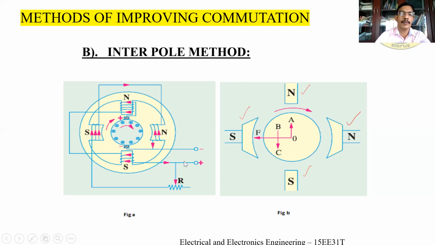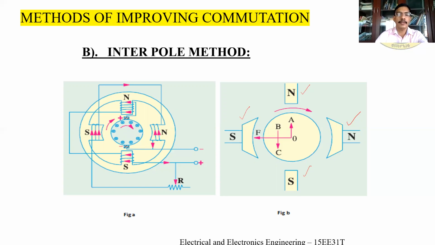Carefully see, from the plus terminal, the connection is to the interpole, then to the other interpole, then to the brush, commutator segment, then armature winding, then to the negative. That means the interpole winding is connected in series with the armature winding. Very important: the interpole winding is connected in series with the armature winding.